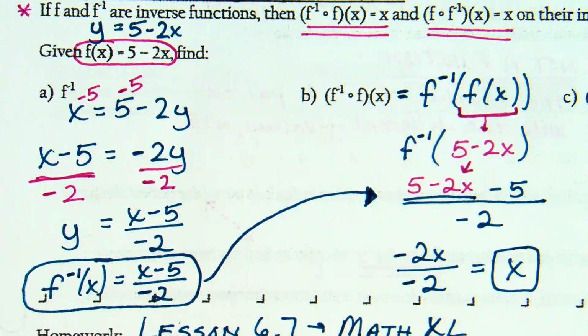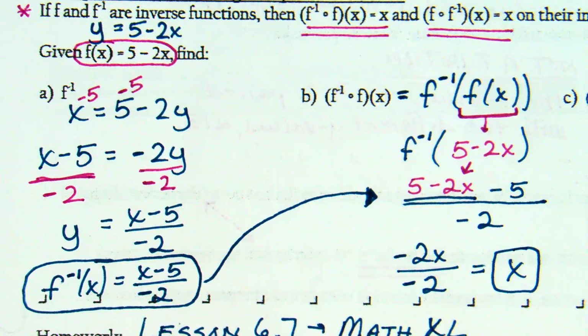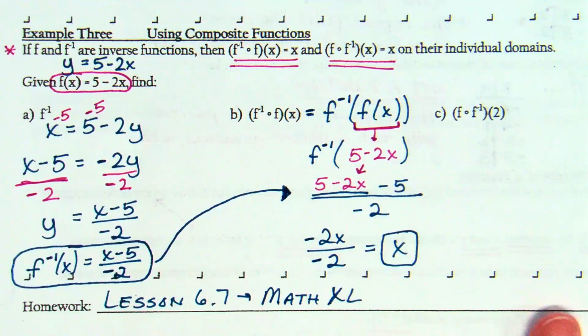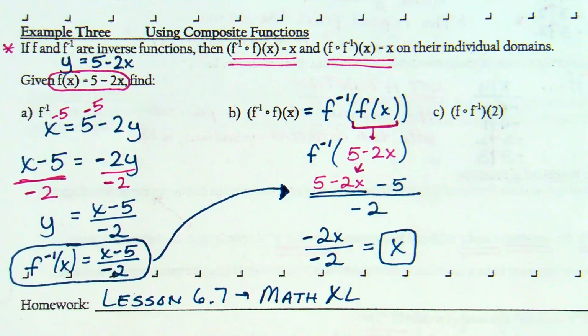If f composed with f inverse of x is equal to x, well, f composed with f inverse of 2 is going to be equal to 2. Now, can I prove that to you, please? Rhetorical question. So, f composed with f inverse is f of f inverse of 2.